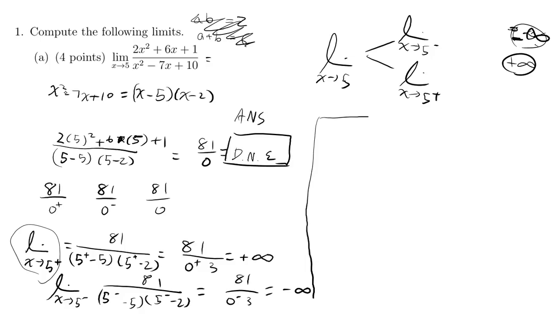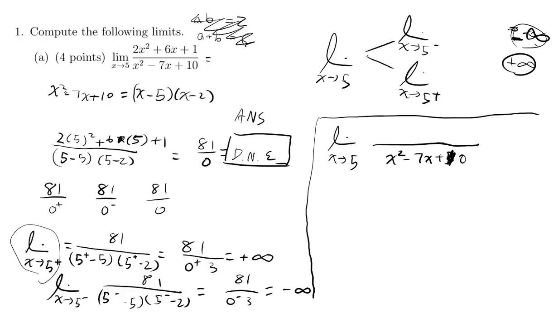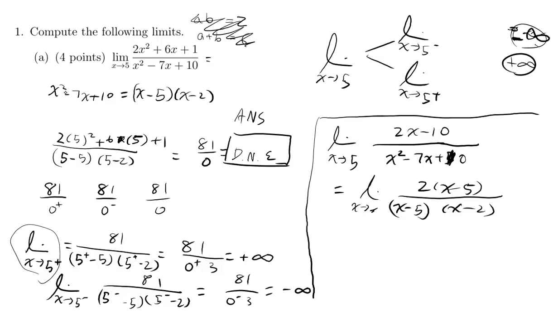Now let me put one more similar question here. You may have a case where after factoring the denominator, and also, sorry, this is 10, also factoring the top, say 2x minus 10, you may see something like (x minus 5)(x minus 2) and then 2 times (x minus 5), so that after factoring top and bottom, these two things cancel, and then only after that, when you plug in 5, you get 2 over 5 minus 2, which is 2 over 3.